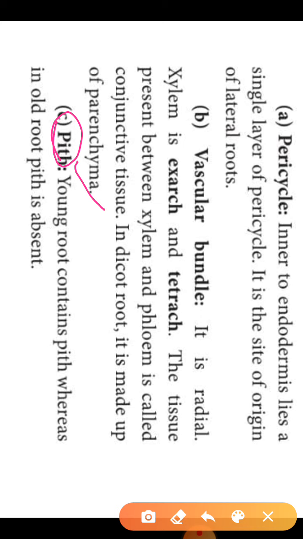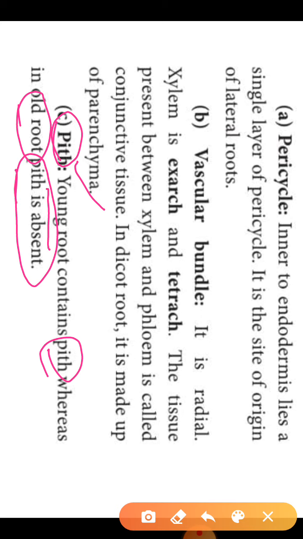So, young roots are small, little grown roots that have pith. Old roots are roots grown long years ago and have no pith, that is, pith is absent.